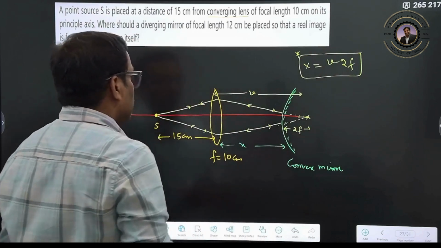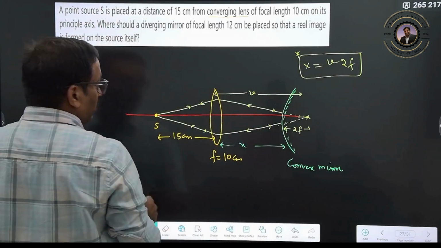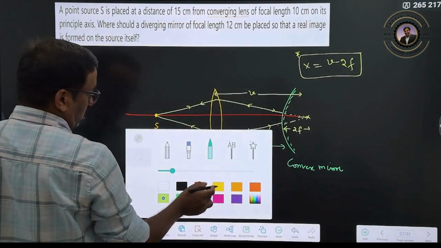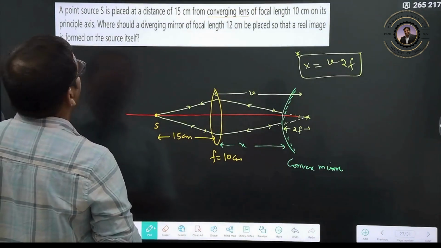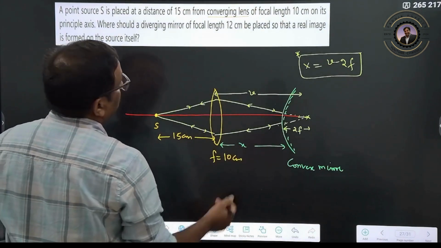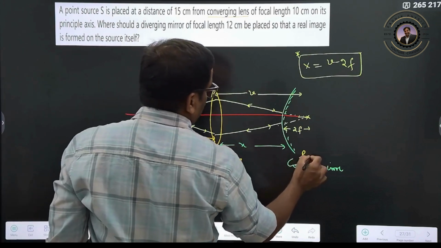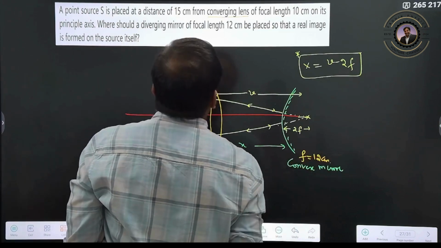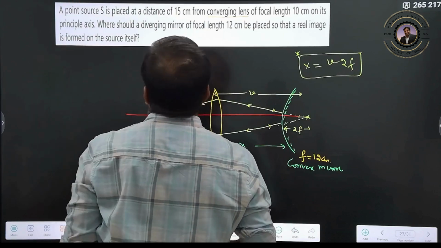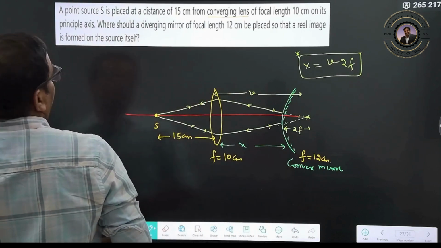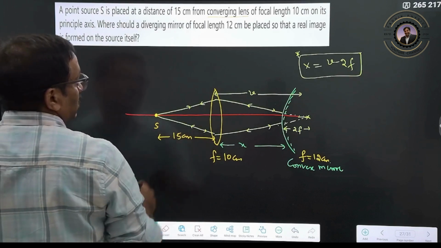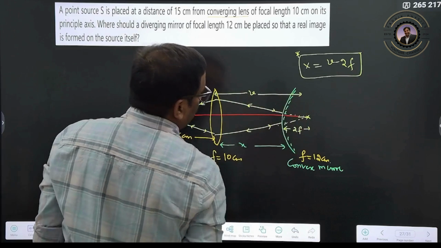Clear? So here, focal length is given already. Focal length of the mirror is 12 centimeter. The source is placed at 15 centimeter. Therefore x equals v minus 2f.